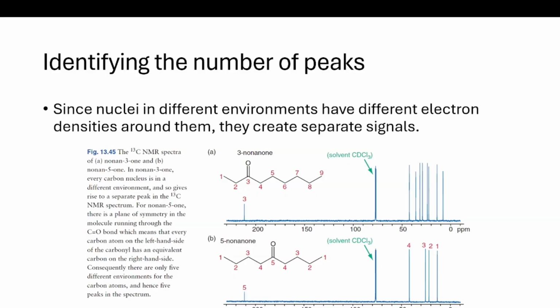And that is going to be because each carbon is going to have a different electron density around it. Now, as for something like 5 non-unknown, that molecule is symmetrical, meaning that we're going to get 2 carbons in, say, environment number 3 or in environment number 1. And so, therefore, determining how the environment will look around a carbon is very useful for looking at how many peaks we're actually going to get.